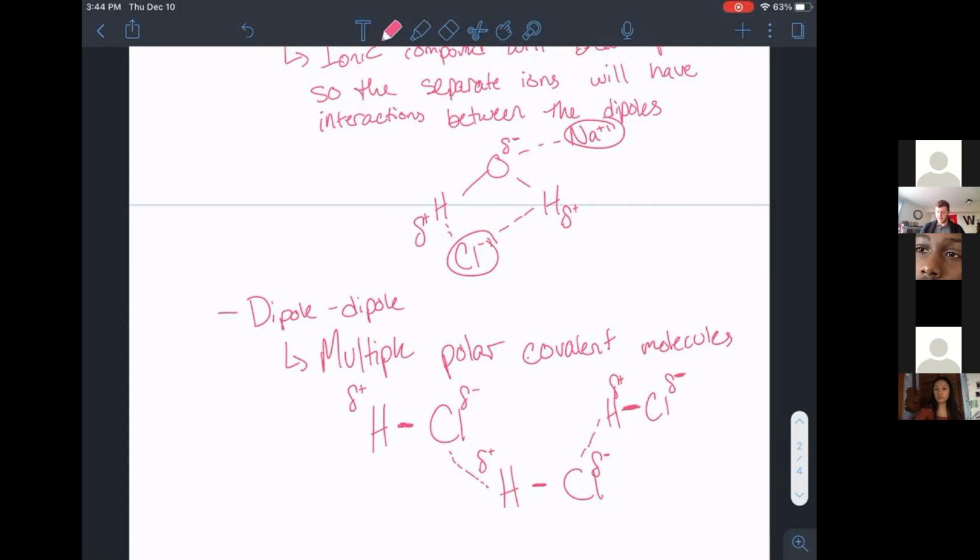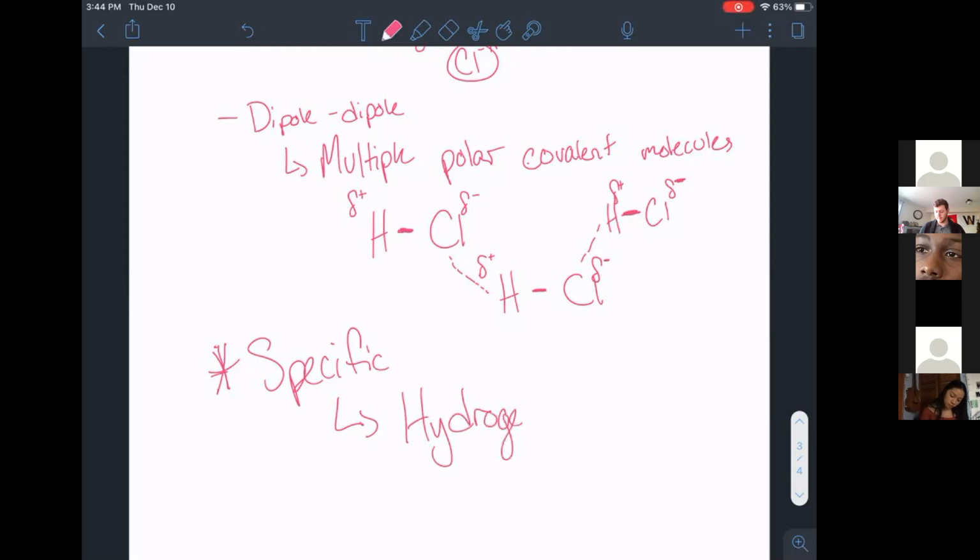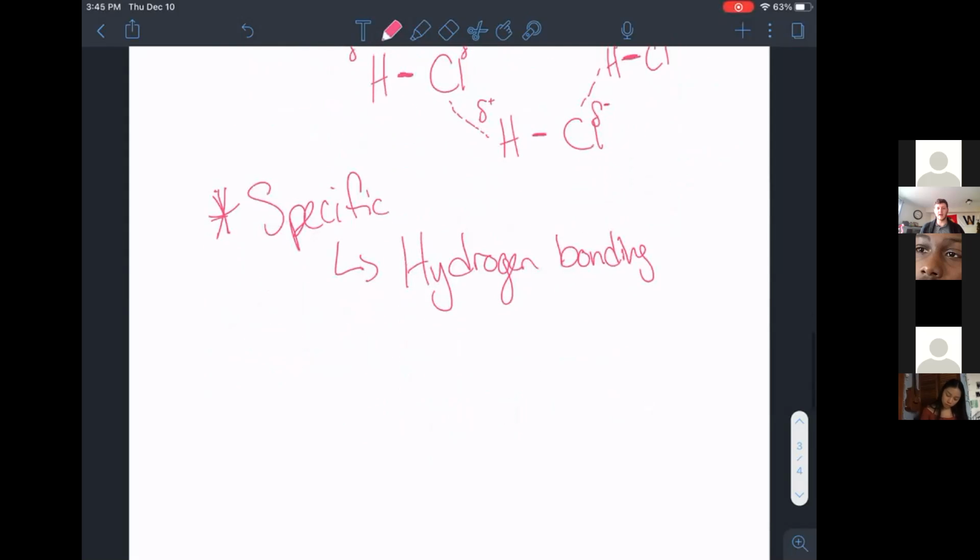Then the next one, or the specific dipole-dipole, is going to be hydrogen bonding. And that only occurs in three types of bonds.